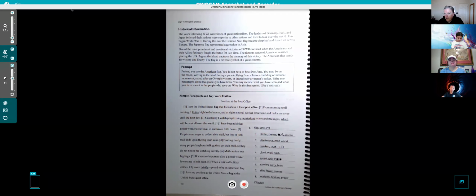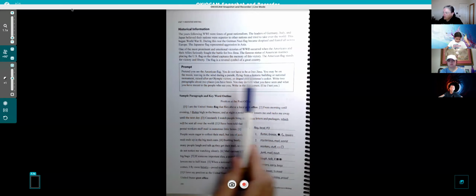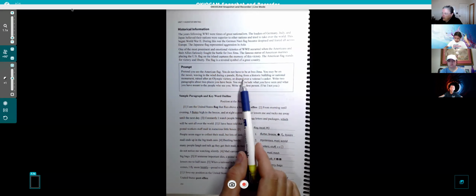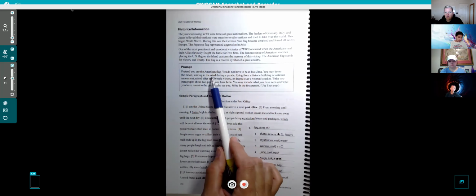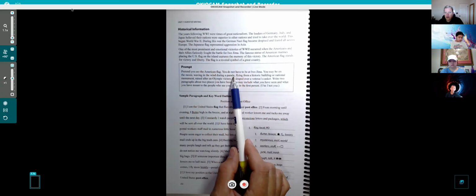Like I said, you'll write it in first person and think about what it would be like to be the flag. And they gave you some examples in the prompt here. Could be in a parade. Maybe you want to write about you're the flag, somebody's carrying a big flag in the parade. Maybe it's military, or maybe it's veterans.